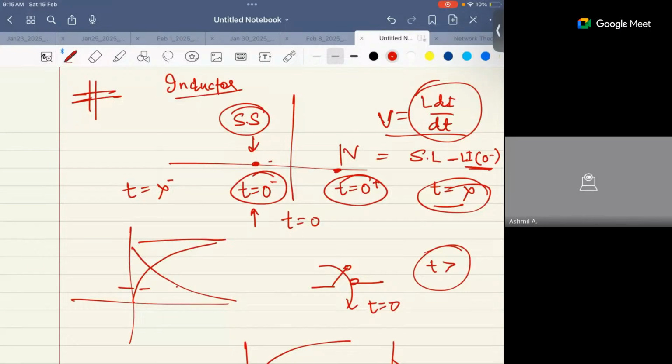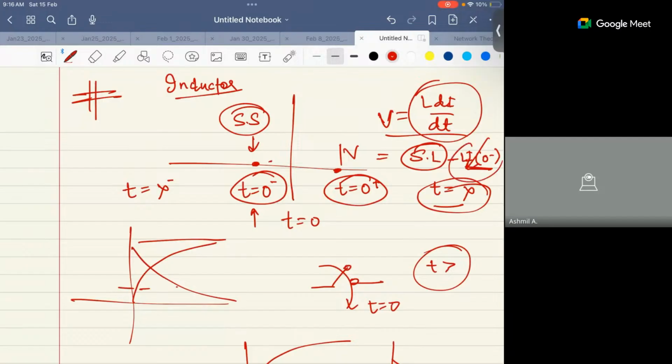What was the I flowing through that inductor, because that will have an impact. If there is no initial condition, it is pretty simple, right? You can directly transform your circuit, whatever inductor was there, directly as an impedance of sL, right? But if there was a current flowing through that inductor before, at t equals 0 minus, at the other steady state, then you need this value also.